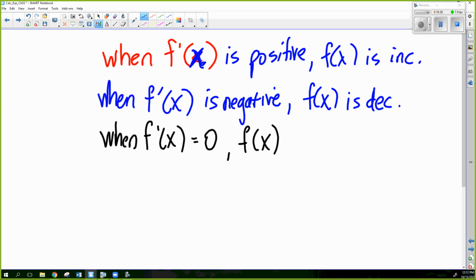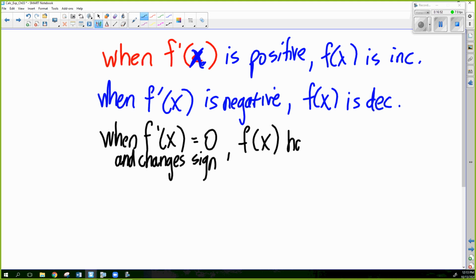What happened on the blue graph? Well, here specifically it had a maximum, but in general, we have to add some things. When f prime of x equals 0 and changes sign, that's important, because can't you equal 0 but then go back into the positives? So it does have to change sign.